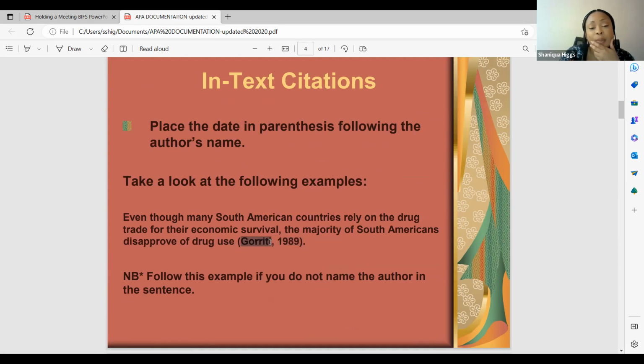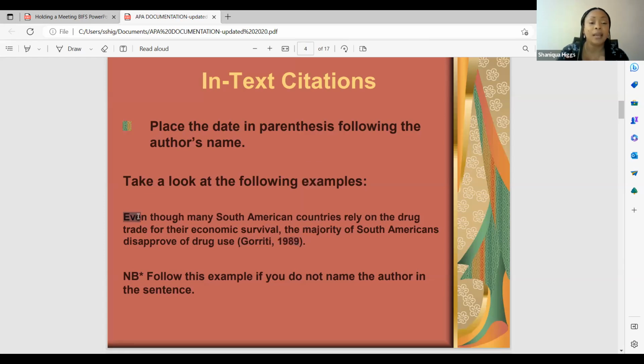Last name of the person whose work you're using and page number. That's the basic format. Now, there are some instances where you don't name the writer here. You might name the writer in the sentence, according to Guridi. The rule for APA documentation is wherever the author's name appears, the year follows, year of publication.